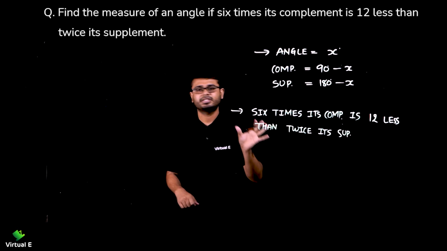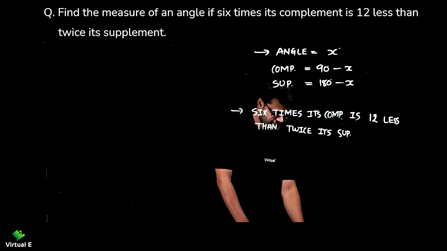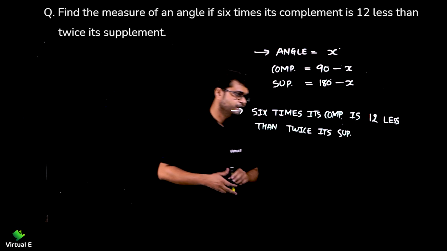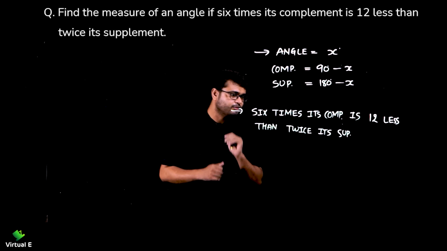There is a reason I have written this sentence again: because we need to form the equation. I told you previously, it's all about how you make the equation. If you make the equation correctly, you are going to get the correct answer. Otherwise, you are not going to get it.